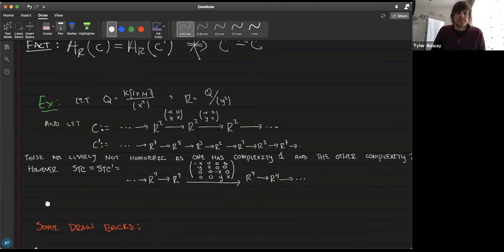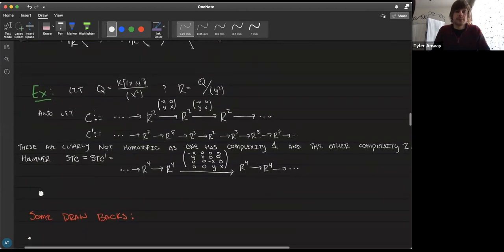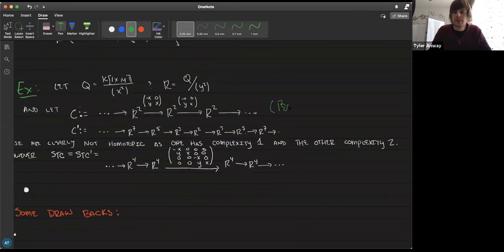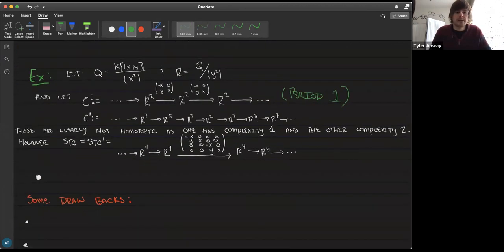So let's take Q to be this power series ring in two variables modded out by x squared, and R to be Q mod y squared. Then by taking C to be this complex of period 1, and C prime to be this complex here with linear growth in the Betti numbers.